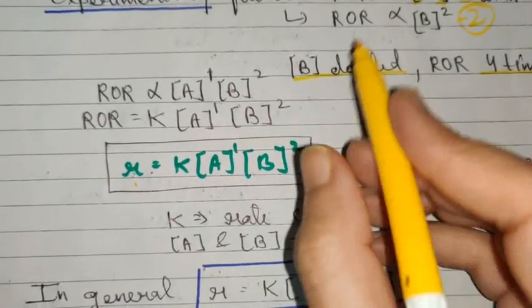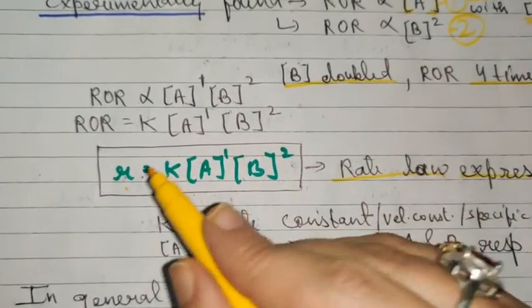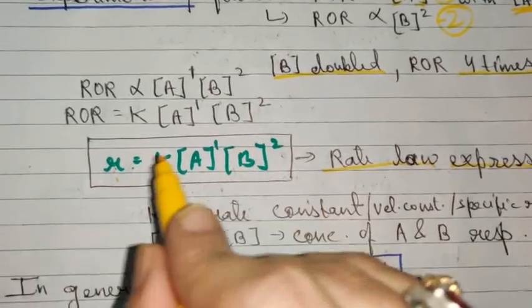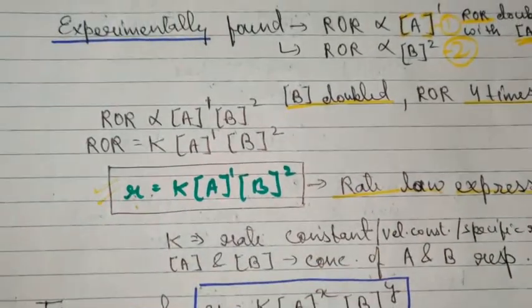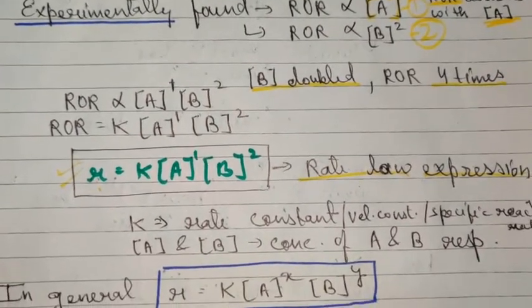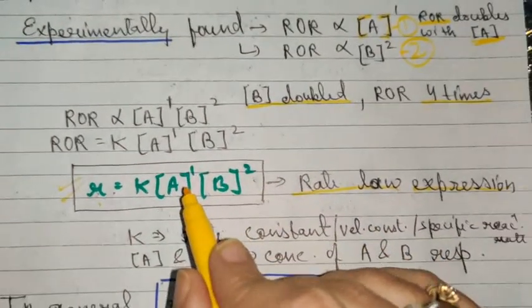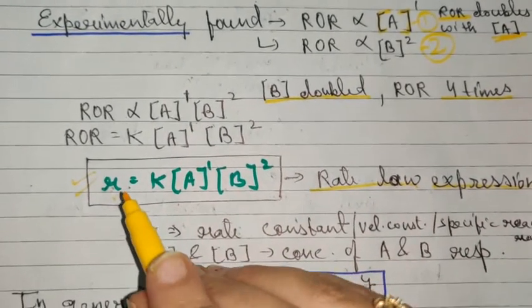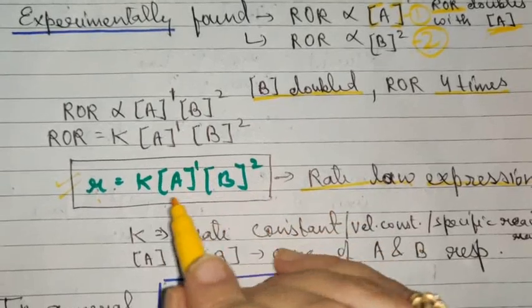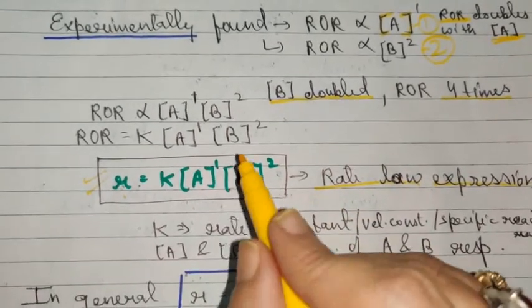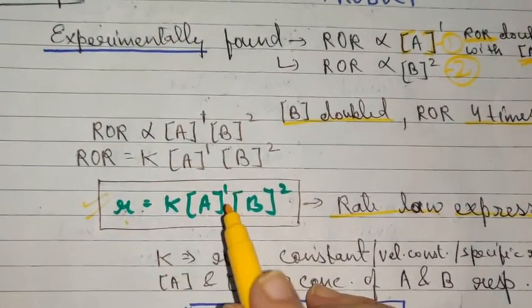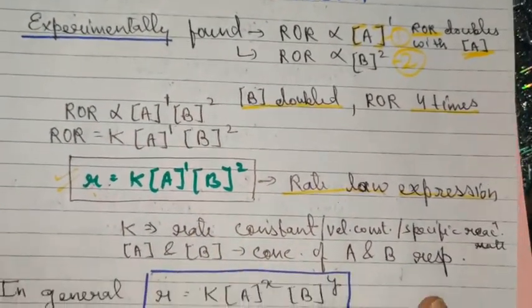But in this case I've taken the example where the rate of reaction is getting doubled and becoming 4 times, so I have derived this equation. But again reminding you, the power depends on how the rate of reaction changes with the change in the concentration, and this can only be deduced with the help of experiments. This data can only be obtained with the help of experiment.